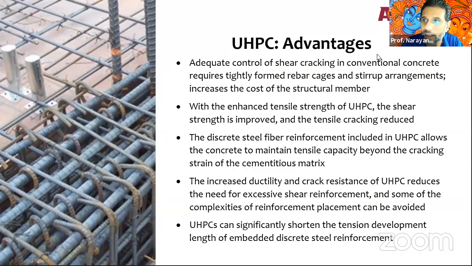We know that reduced cracking will ensure that the structure is a lot more durable. And that's where fibers will come in with ductility and crack resistance. If you're a structural engineer and you're worried about development length and anchorage of steel reinforcement when you're connecting different members, the extremely high strength of UHPC can actually reduce the development length of steel members. You can have a much more robust development length application.